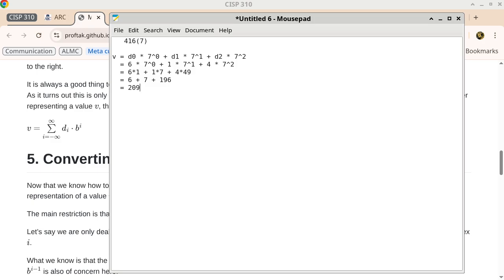I just illustrated an example of how to apply the formula, this one, to go from a particular number in base 7, which is a really strange base that you're not going to use outside of this classroom, into the value, which is natively represented in base 10. Are we good? All right.